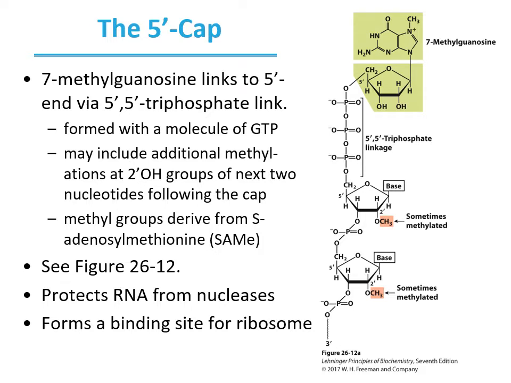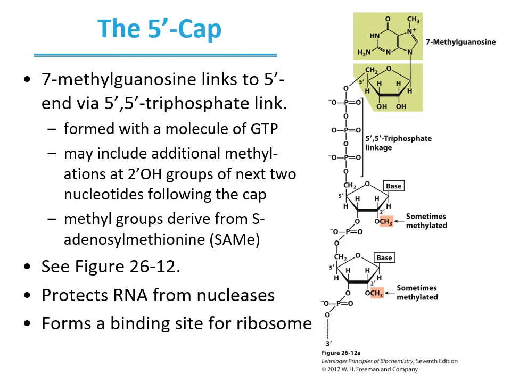7-methylguanosine, m7G, is joined to the 5' end of almost all eukaryotic mRNA in an unusual 5' to 5' triphosphate linkage. This is formed with a G molecule of GTP. Methyl groups, shown in light red, are often found at the 2' position of the first and second nucleotides.